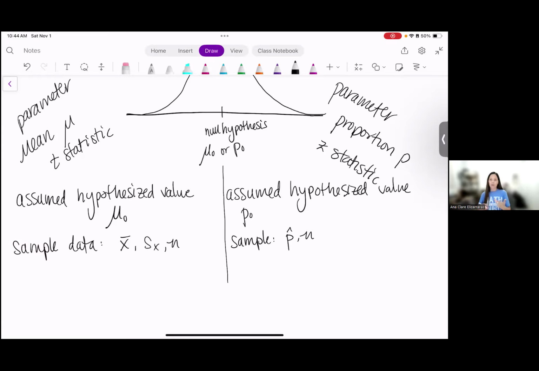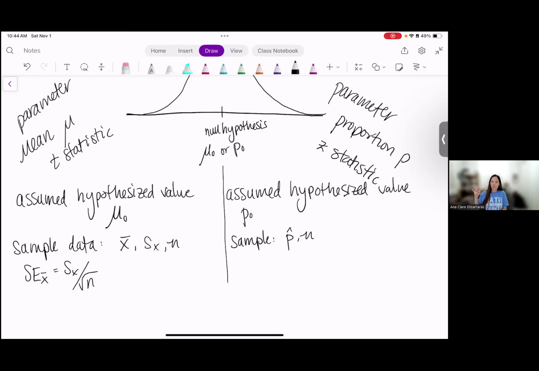And then remember, for our sampling distributions, we're using our standard error because we have no idea about the population standard deviation for means. So that is where we take the standard error of X bar, which is the standard deviation of the sample divided by the square root of the sample size. We don't have an assumed standard deviation. We can't use that.